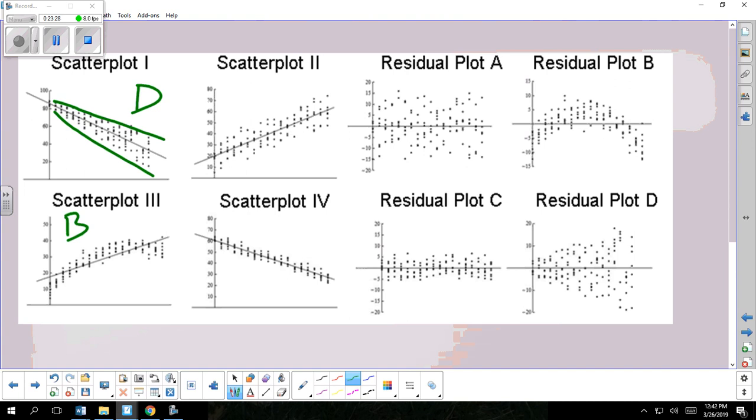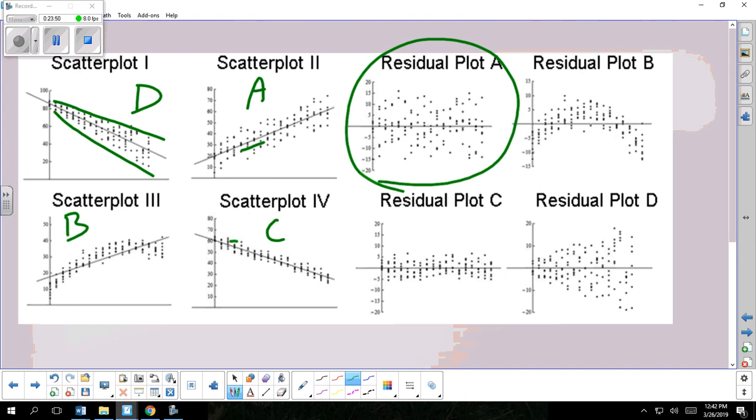This one, a fairly good fit here. This is a good residual plot, so this would be A. And notice this one kind of goes up and down. This would be plot C. What we're looking for in a good residual plot is no discernible pattern or shape.